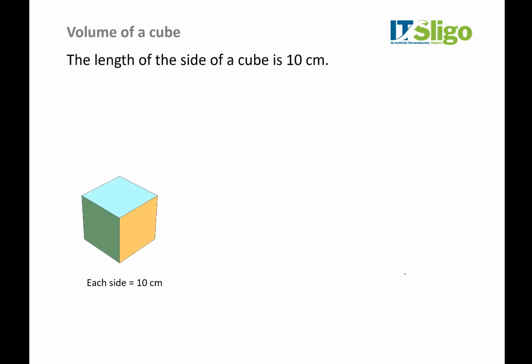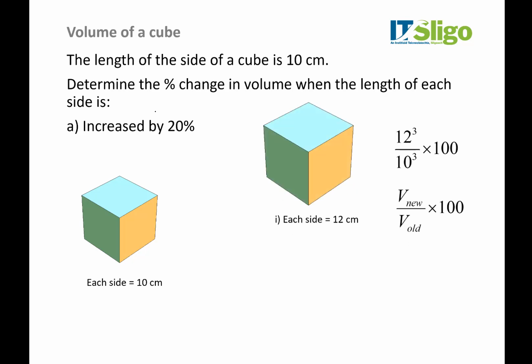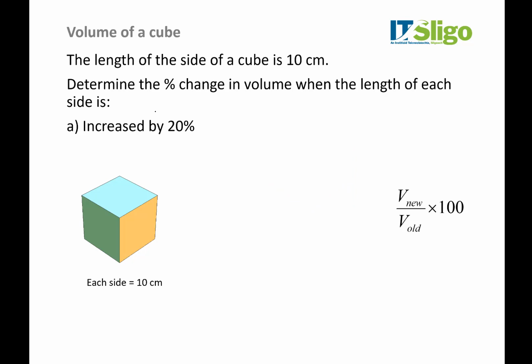So we take a look at an example with a simple cube. Each side is 10 centimeters. So if we wanted to work out its volume, it's 1,000 centimeters cubed, 10 by 10 by 10. But now determine the change in volume when the length of each side is first of all increased by 20%. So we're just taking a look at, well, what's the change?